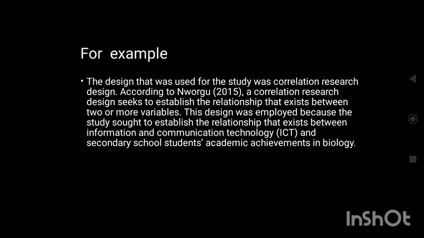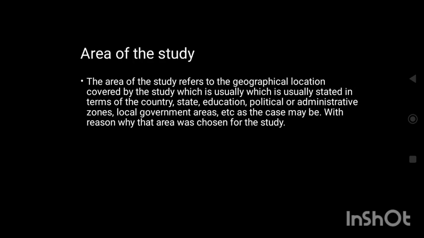Then the next one is area of the study. The area of the study refers to the geographical location covered by the study, which is usually stated in terms of the country, state, education, political, or administrative zone, local government areas, etc., as the case may be, with reasons why that area was chosen for the study.